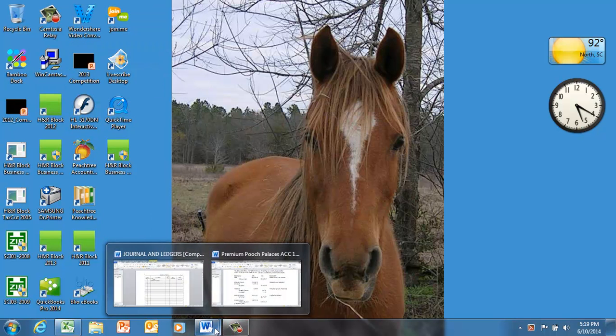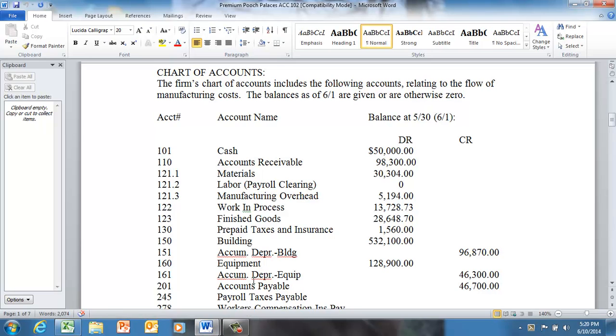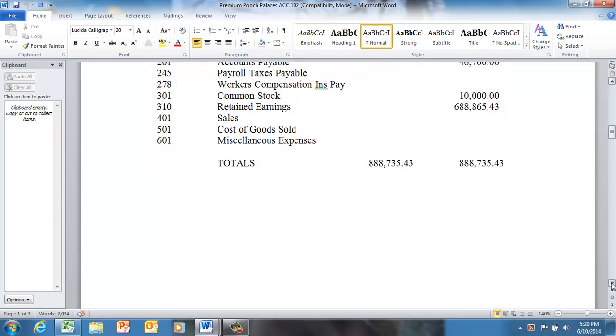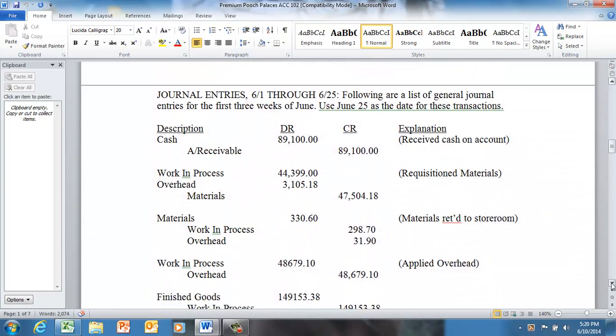Okay, here we're going to take a look at getting some of the transactions done.